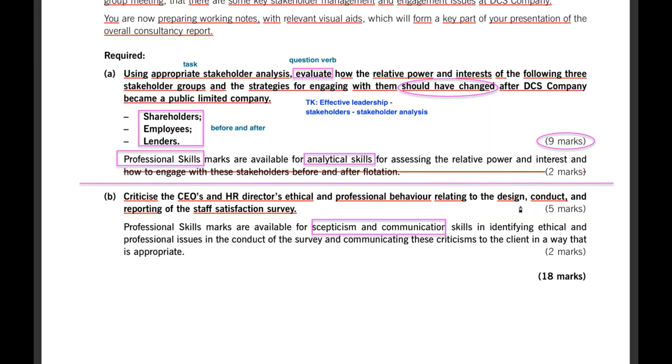So you need to criticize from this perspective only. What you are trying to criticize will be their ethical and professional behavior.